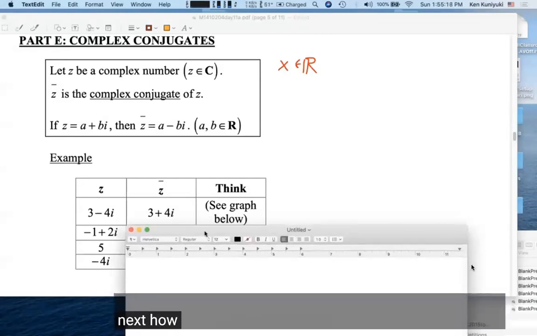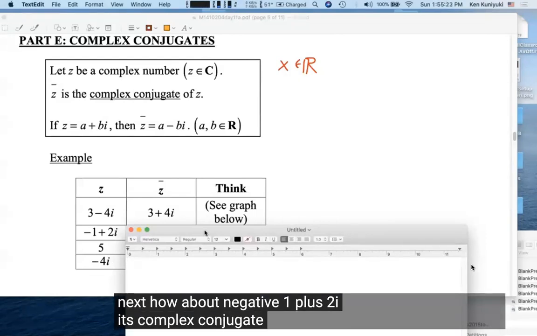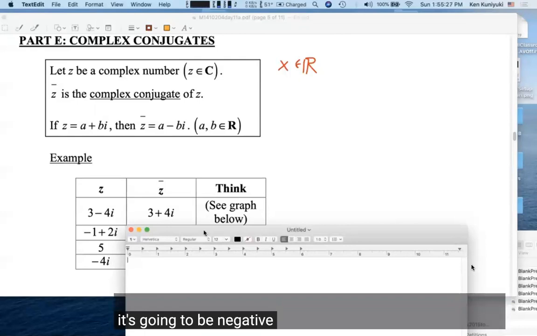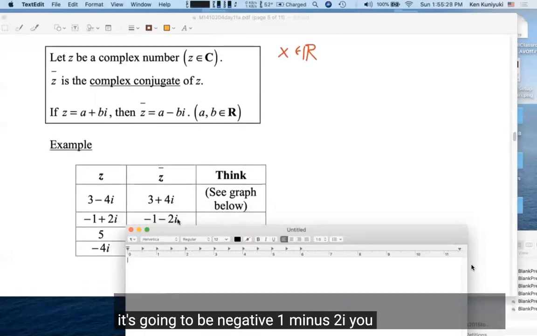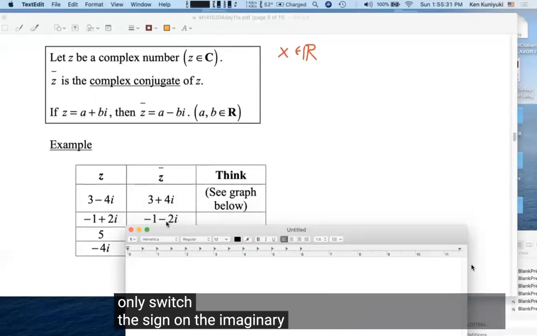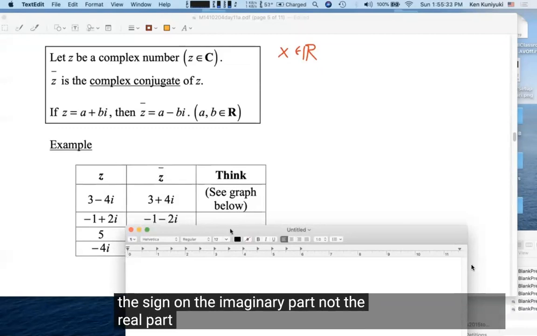Next, how about negative 1 plus 2i? Its complex conjugate is what? It's going to be negative 1 minus 2i. You only switch the sign on the imaginary part, not the real part.